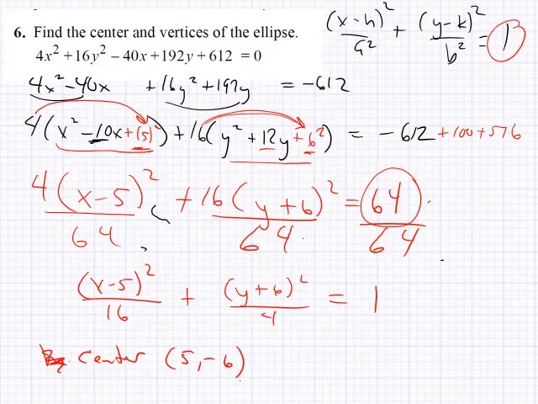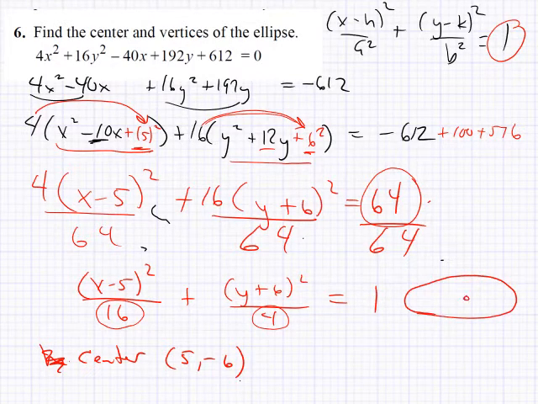Now if you remember, how you find your vertices is based off of knowing whether you have a vertical or horizontal ellipse. Since this square is bigger than this square, we're going to have a horizontal ellipse. So we have the center here, and then these 2 points here are our vertices. So we have to figure out how far away from the center we would go, but it would be basically traveling horizontally, so we'd be changing the x value. And it's based off of this.